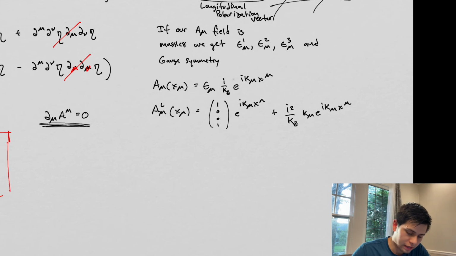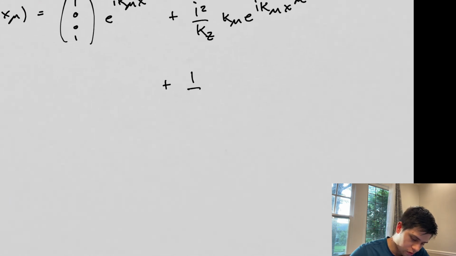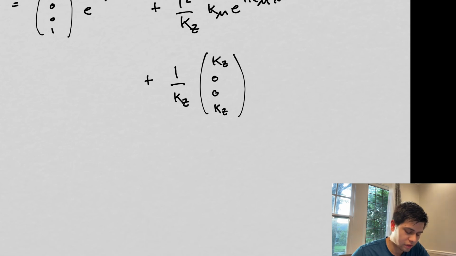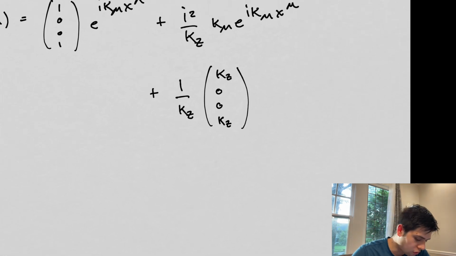Now, again, i squared is just -1, and the k mu becomes, so we get 1 over kz, and we got kz, 0, kz, right, because this is our 4 vector.